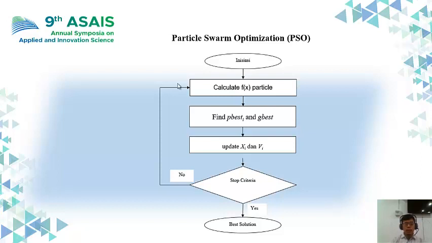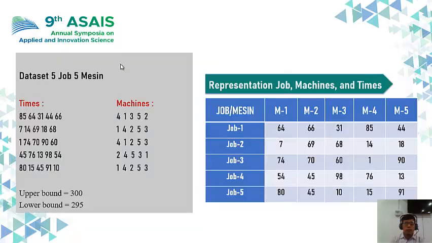G-best or global best, the best position of a particle in the swarm. The scheduling process requires input data, including the type and quantity of jobs to be processed, the sequence of operations and dependencies between operations, and the processing time for each operation.